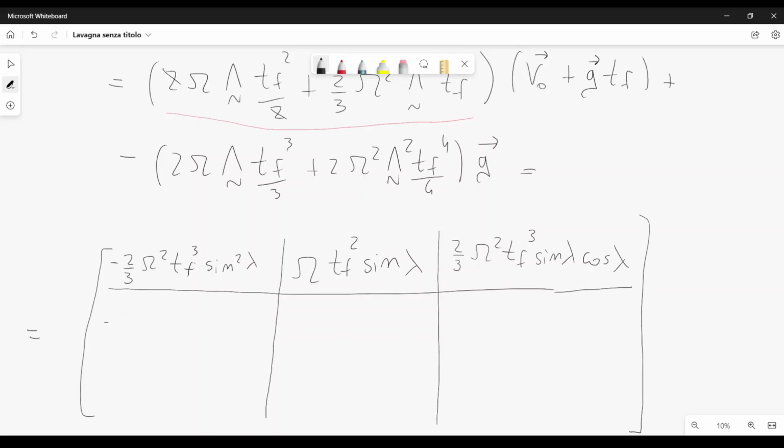Then here we have minus omega TF squared sine lambda. Here we have minus 2/3 omega squared TF cubed. And here we have omega TF squared cosine lambda.